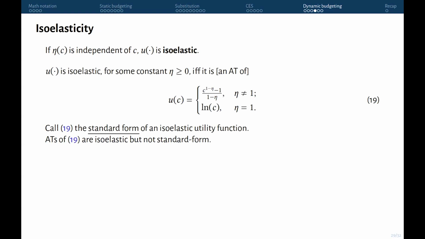And if it's isoelastic, with that inverse elasticity of intertemporal substitution denoted by eta, it's got to look like that, or be an affine transformation of something that looks like that. It's going to just be the log function in the case where eta equals 1, or it's going to be that ratio otherwise. We're going to call this the standard form of an isoelastic utility function.